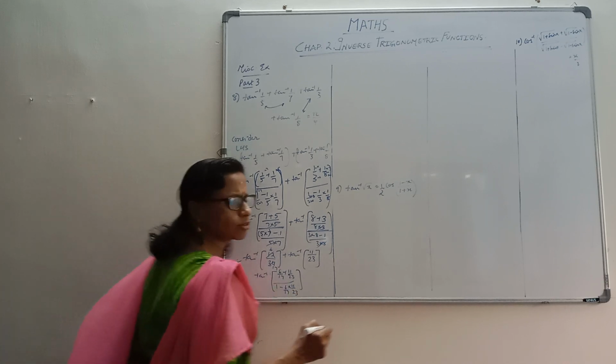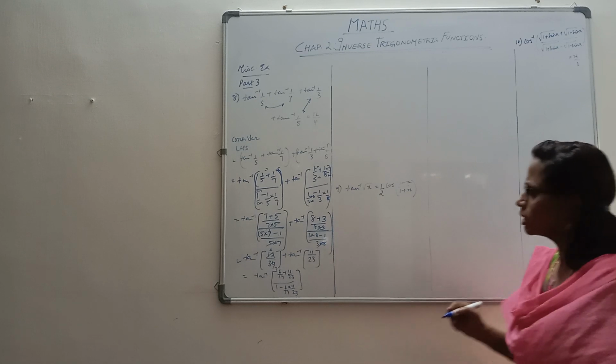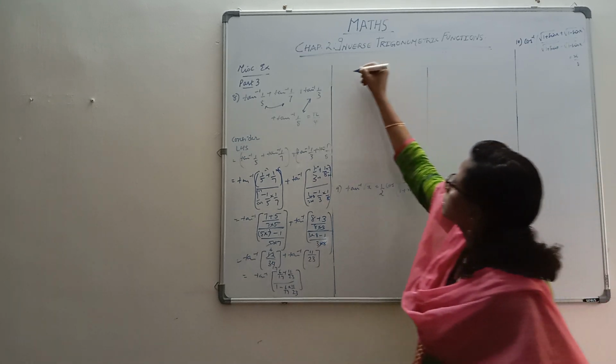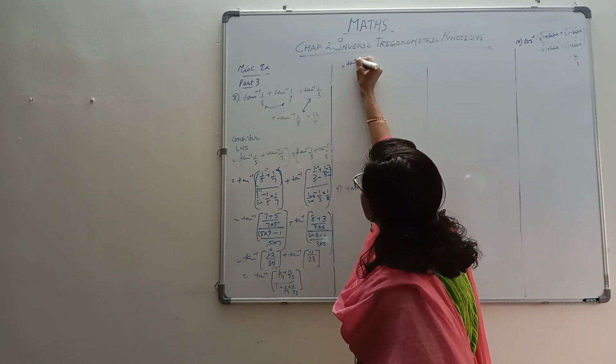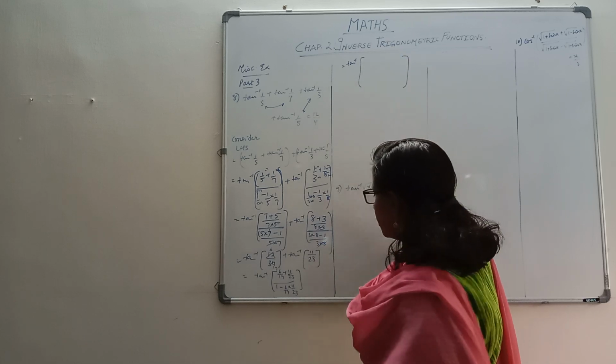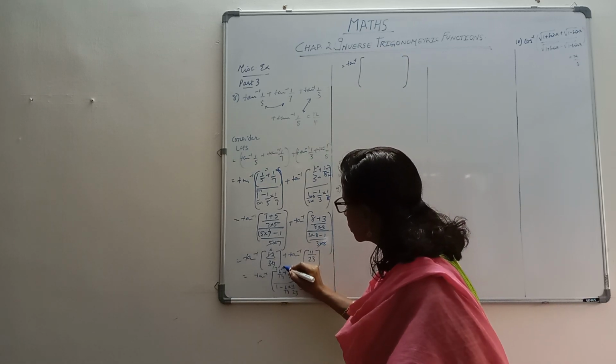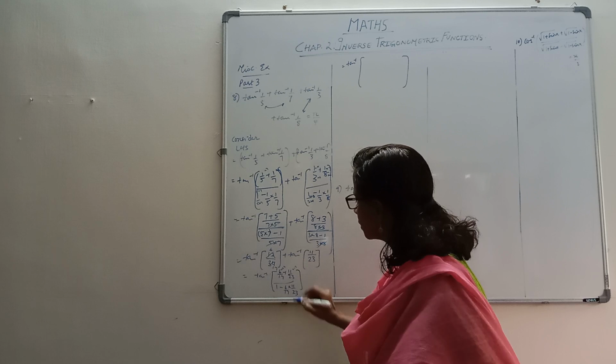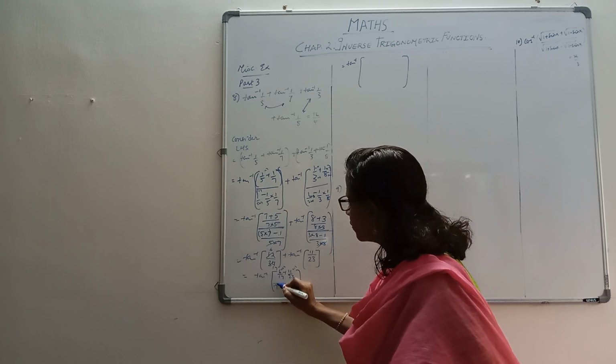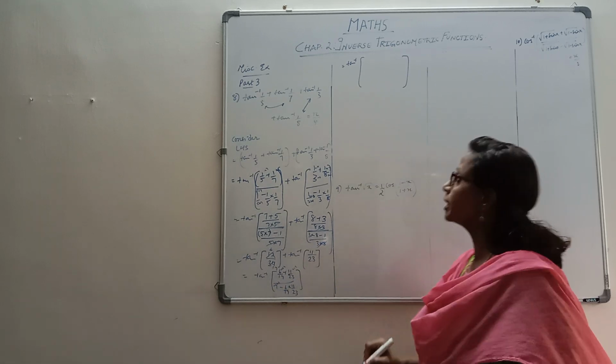It's not an easy calculation, lots of work is there. So let's get back to doing the work. This is tan inverse of, we are having it simplified. Multiply this by 23 both in the numerator and denominator, and multiply by 17 both in the numerator and denominator, so 17 into 23 in both.